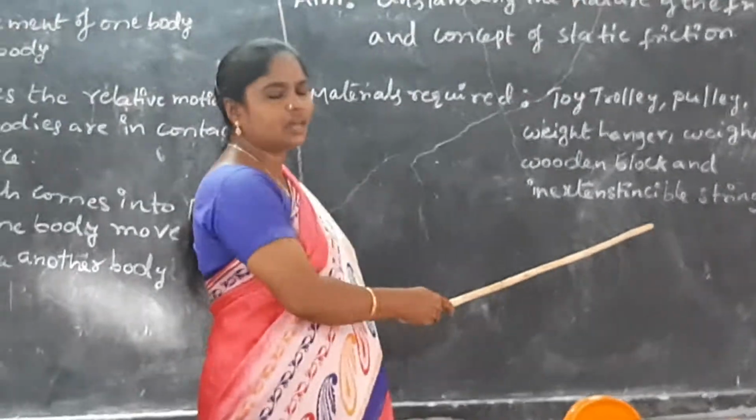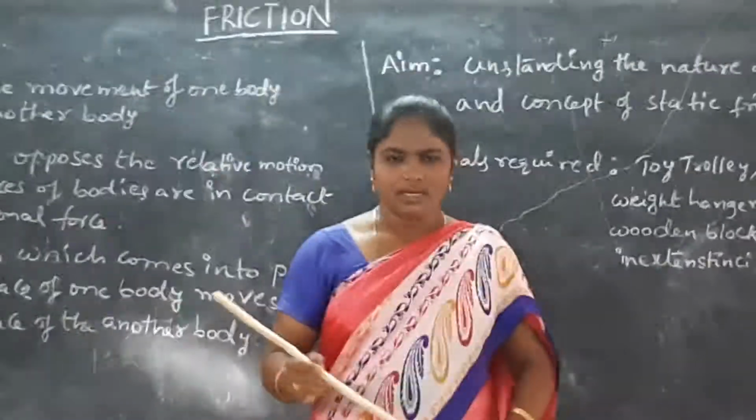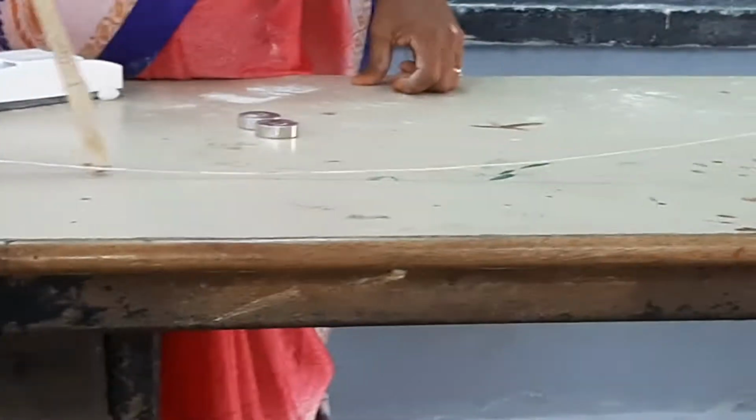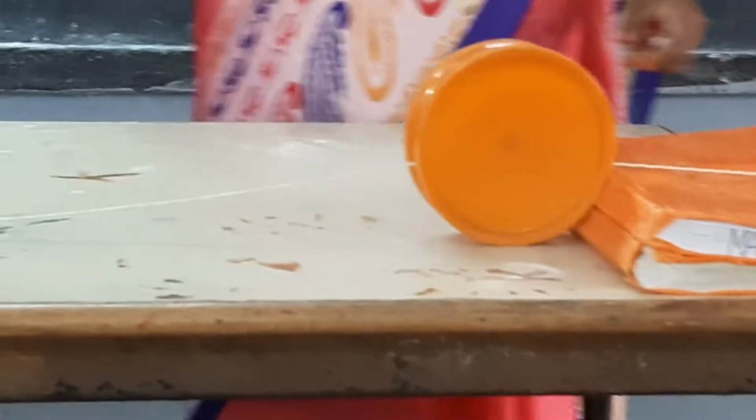Inextensible string means a string that does not extend. See here, this is the toy trolley, the wooden block, the inextensible string, the pulley, and the weight hanger.